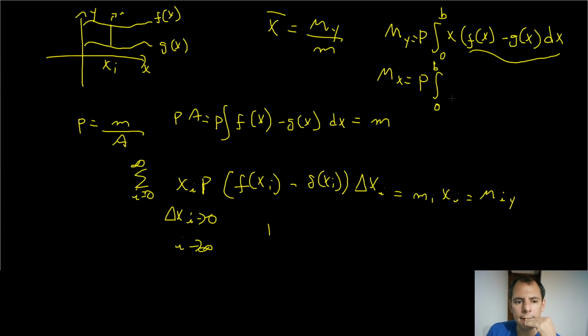But here's the thing: f of x minus g of x. I missed this one here. So I have f of x minus g of x times dx, and it's going to give me the area just like in here. And multiply that by rho.